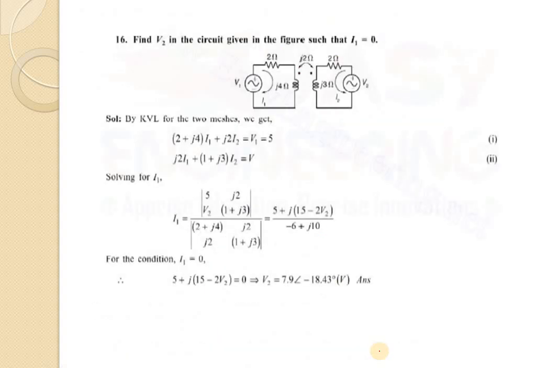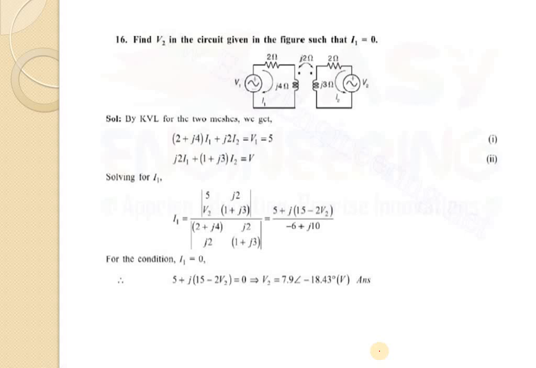Next problem. Find V2 in the circuit given in the figure such that I1 equals 0. We have to find the value of V2 when I1 equals 0. Okay, simple. Now we apply KVL in these two meshes, and we get (2 plus J4) I1 plus J2 I2, because here the mutual induction follows the dot convention.